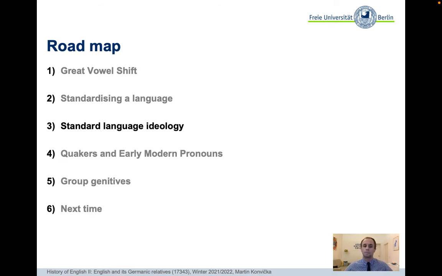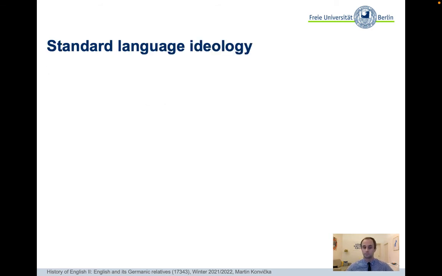Okay, so when we have this idea that there were obviously many people who tried to standardize their language, behind these proposals to standardize a language lies something that is called standard language ideology.